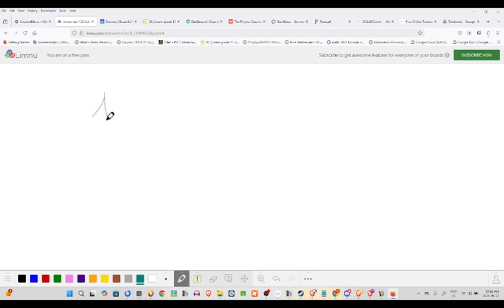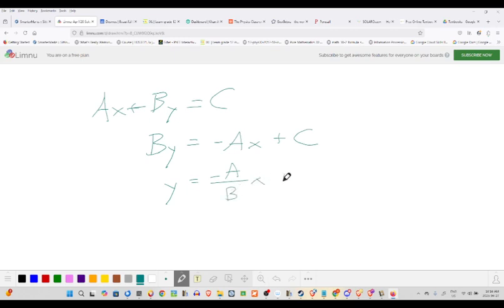So if we have ax plus by equals c, all right. If we want the slope, let's isolate y and put this into y equals mx plus b form. So by is negative ax plus c, which says y is negative a over b times x plus c over b.